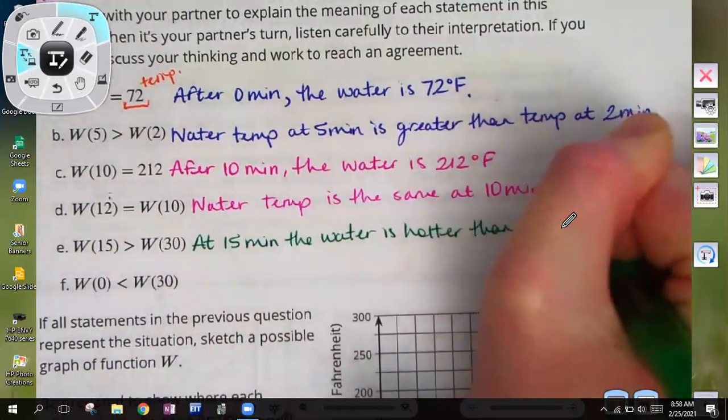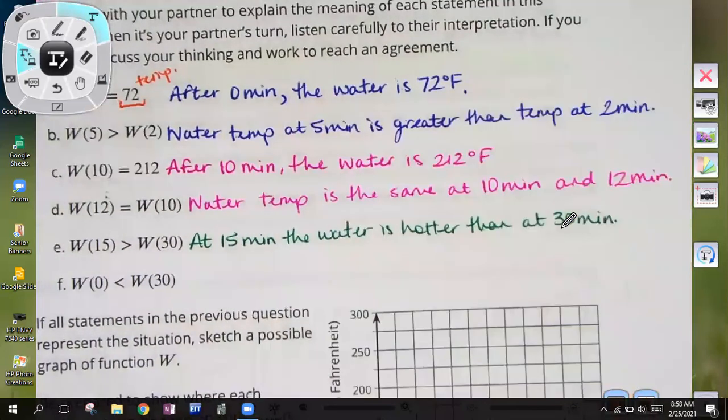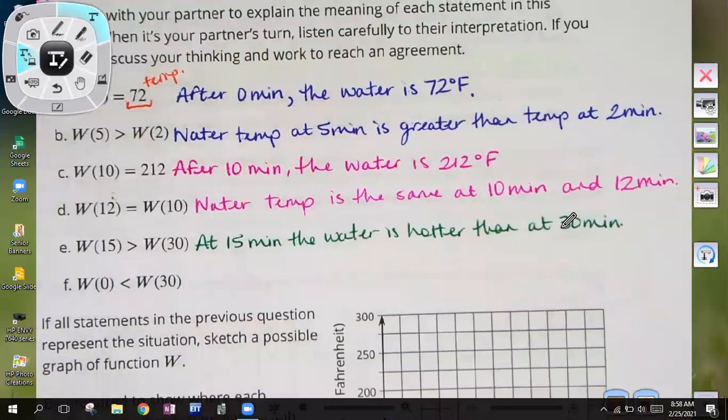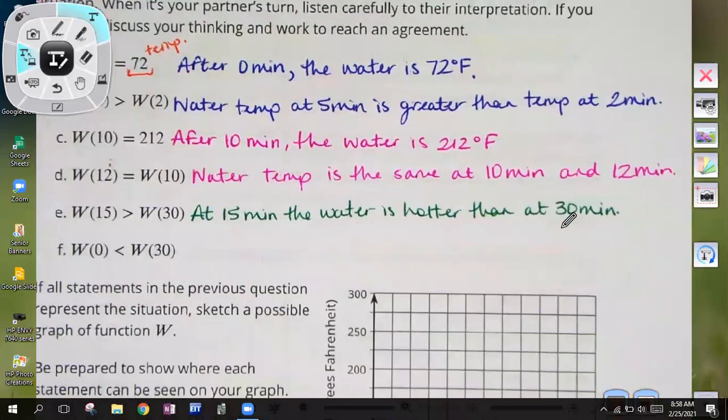Okay, so earlier we said the longer it's on the stove, it's going to be hotter. So why is it now hotter after 15 minutes than it is after 30 minutes? We already said they probably turned the stove off. So what's happening to the temperature of that pot of water? It's decreasing, which makes sense because we're not going to keep a pot boiling for hours. Okay, last one.